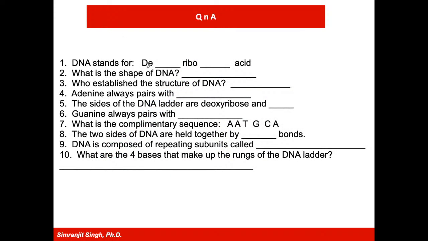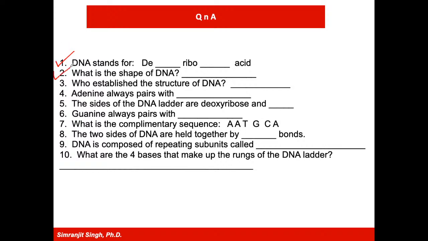So let's answer these questions now, what we have discussed so far. Write down these answers in the chat box, everyone. DNA stands for D-ribo-acids. Answer maybe two together so we can finish them fast.